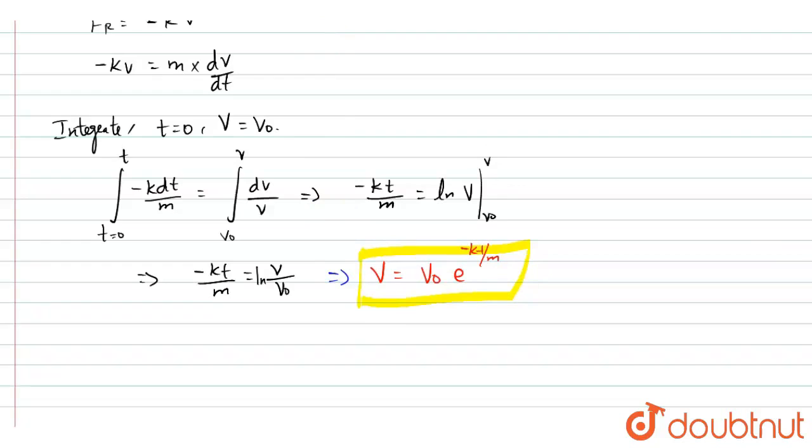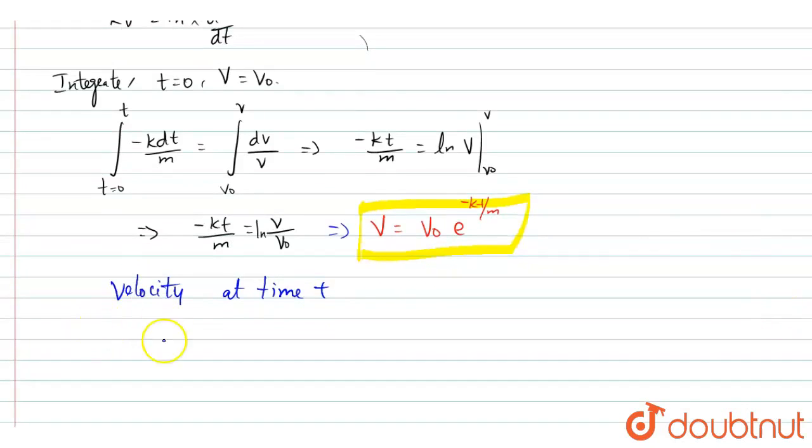Next, we are going to find the position at time t. The velocity equals ds by dt.